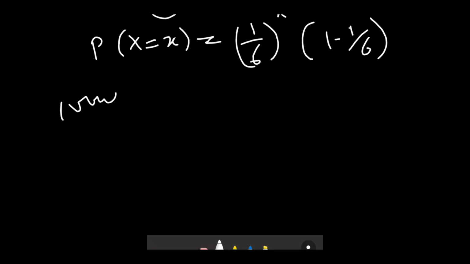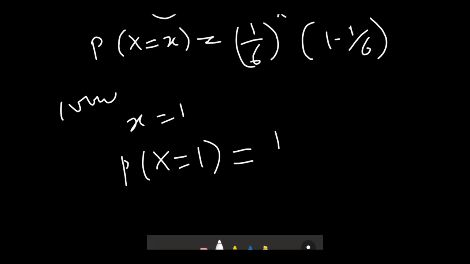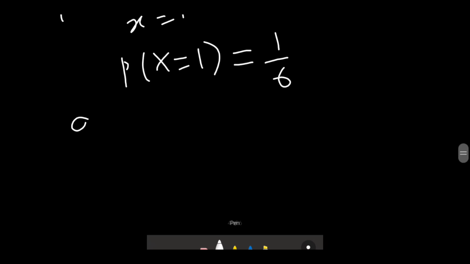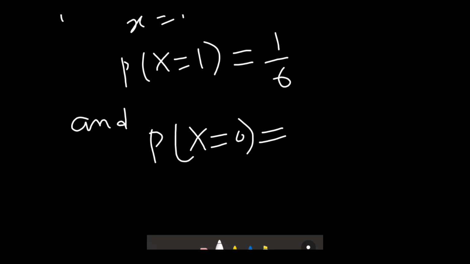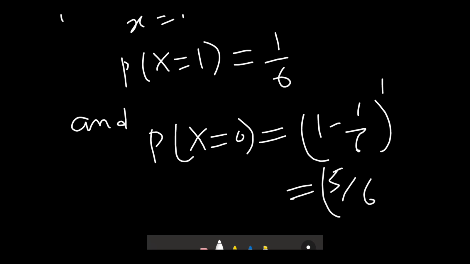Now if x equals 1, this means we rolled a 4, so the probability of x equals 1 will be 1 by 6. And if x equals 0, the probability of x equals 0 is (1 minus 1 by 6) to the power 1, which will be 5 by 6. So the probability of not rolling a 4 will be 5 by 6.